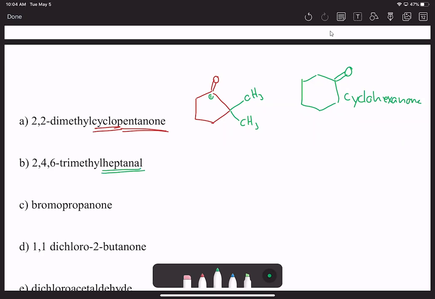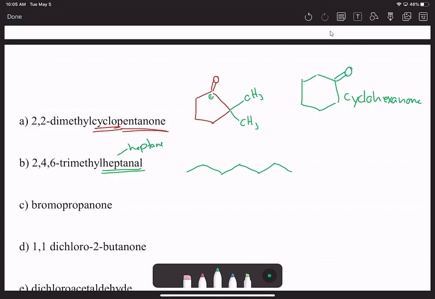So the first thing I'm going to do is simply draw heptane. I'm not even going to draw heptane out. I need heptane. I can turn heptane into whatever I need. I can turn it into an alcohol, an aldehyde, a carboxylic acid, a ketone. I could do whatever I need to heptane. So that's where my initial starting point is going to be. 1, 2, 3, 4, 5, 6, 7, and I've drawn heptane.